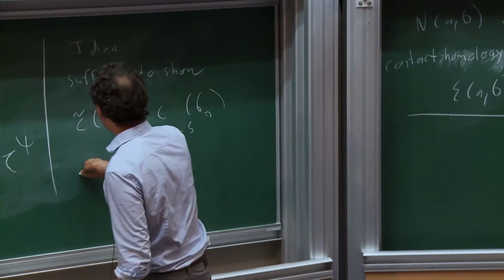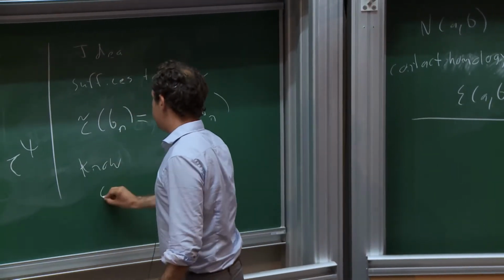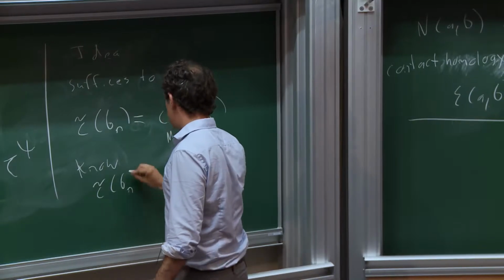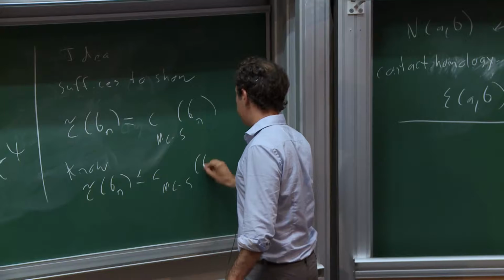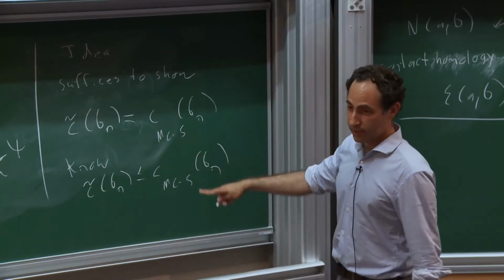Now we know that C twiddle of Bn is less than or equal to C of Bn, because as I said, you can just lift the McDuff-Schlenk embedding.